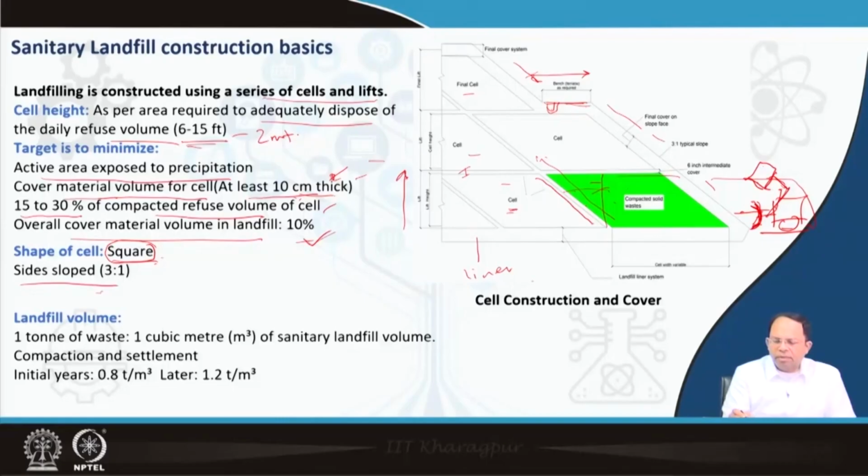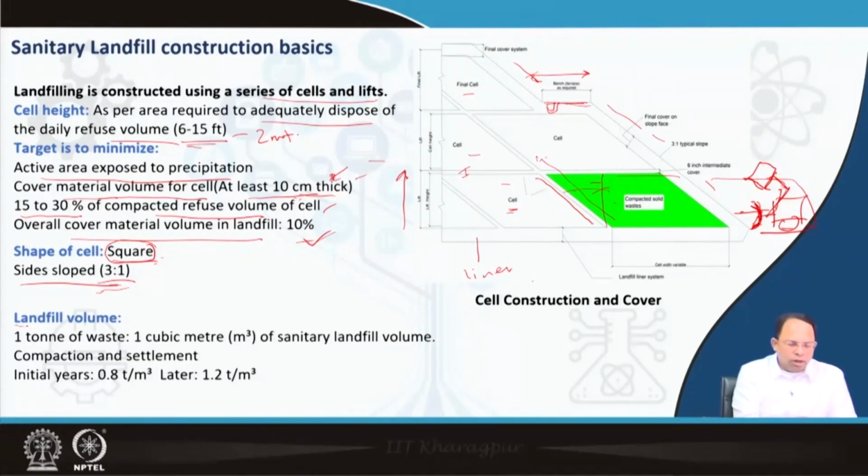So it will fill it up, giving it a slope, right? So overall, the side slopes are around 3:1, and you can see that a similar slope profile is maintained for the overall landfill, the entire section would also have a similar 3:1 slope.